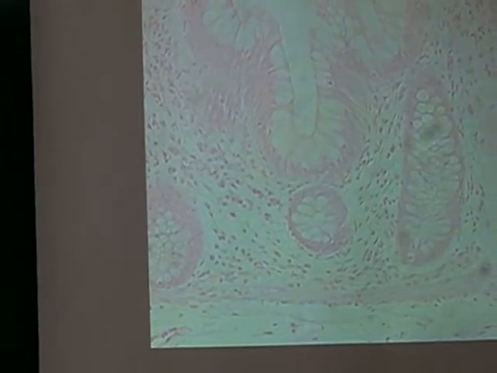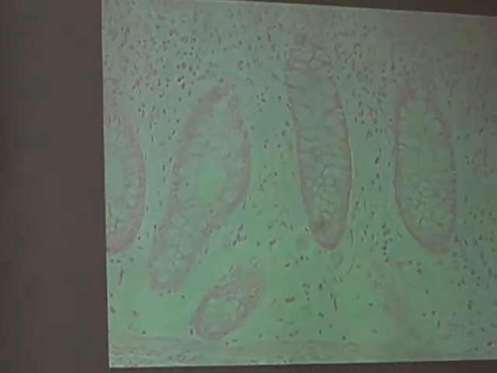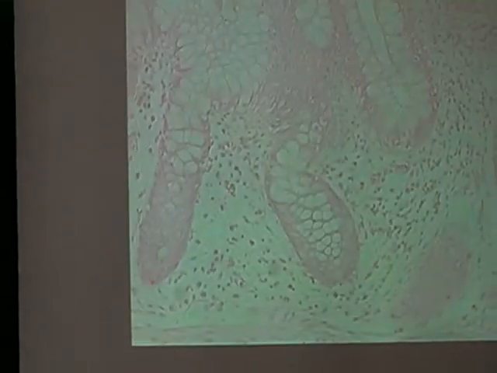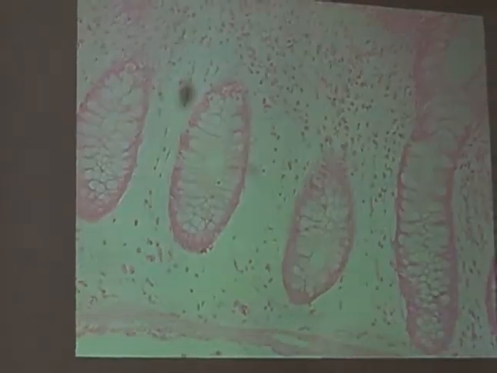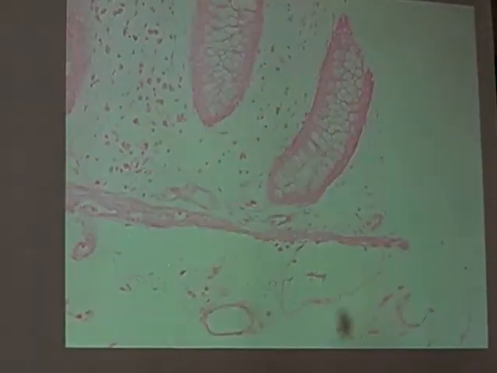Can you show me again the lymph nodules? The lymphatic cells are gathered together, very crowded, in the area. Oh, I missed it.